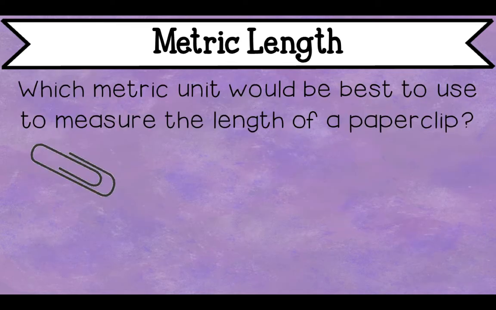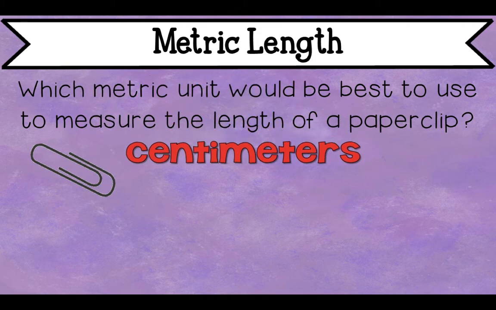Okay, so when we're looking at metric length, we're thinking about a paper clip. Remember we said millimeters are the smallest, then centimeters, then meters, then kilometers. So if I wanted to measure this paper clip, would I want to measure it in millimeters, centimeters, meters, or kilometers? Probably centimeters.